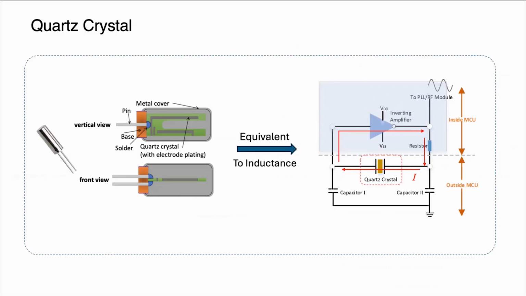When it flexes, the piezoelectric effect creates charge. Electrically, the crystal sits in a piezo oscillator with an inverting amplifier and two load capacitors, and behaves like a very high Q inductor.